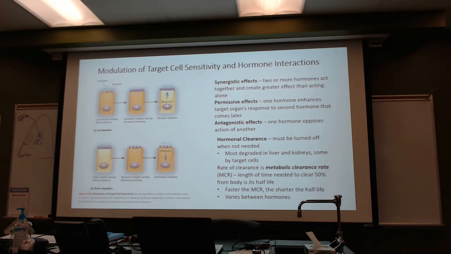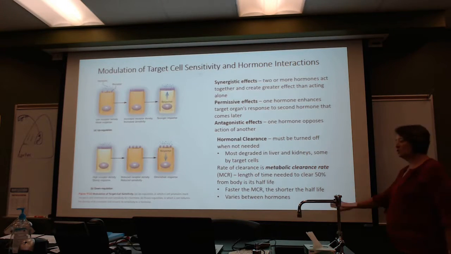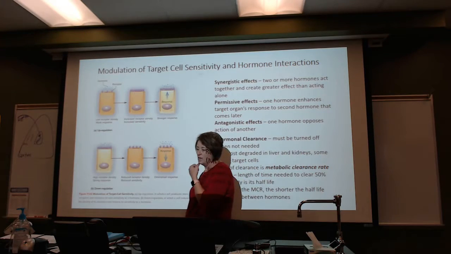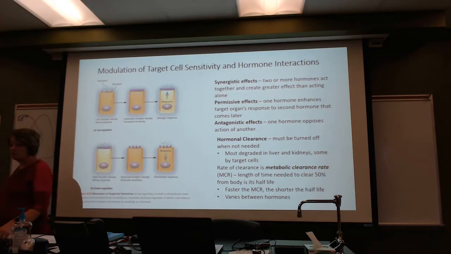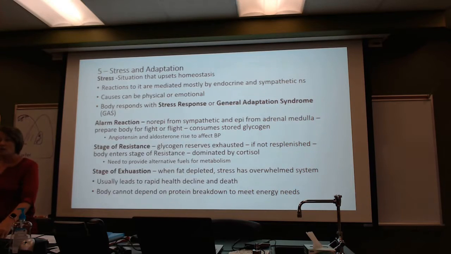So let's say if it takes 2 hours to use one of the hormones to their half amount, well, the next half, in other words, half of the half, would take 4 hours. So everything has a metabolic rate of clearance. The faster the clearance, the shorter the half-life, and the quicker it will leave the body. Or if it stays in there a long time, the longer it will affect the body.